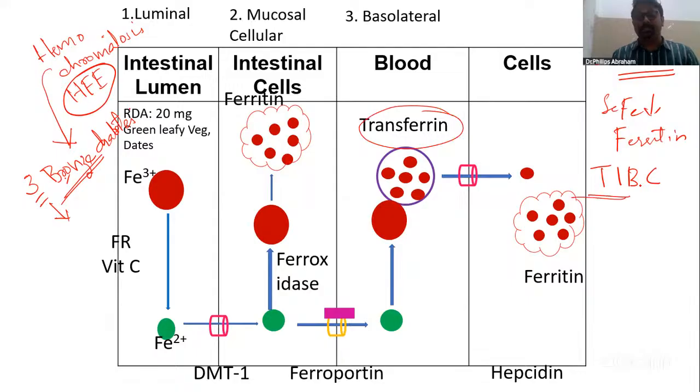That will be increased. Daily, iron is carried on transferrin. If there is iron deficiency, the transferrin is not saturated and more sites are available. How many sites are available is called TIBC. The remaining sites on transferrin are called TIBC. When the iron level is less, TIBC will be more. And we have anemia with small-sized cells, so the MCV, mean corpuscular volume, will be decreased in iron deficiency anemia. Hope you know these things.